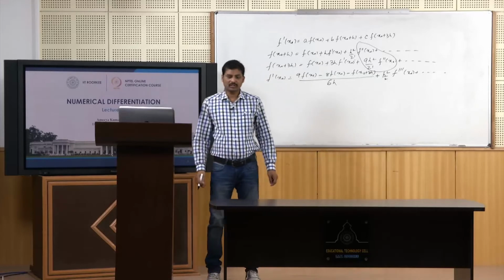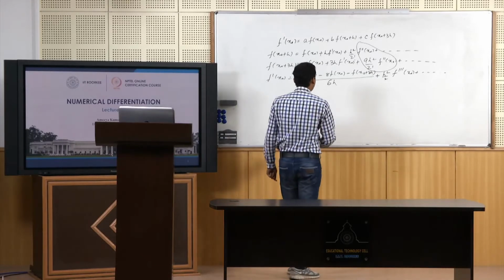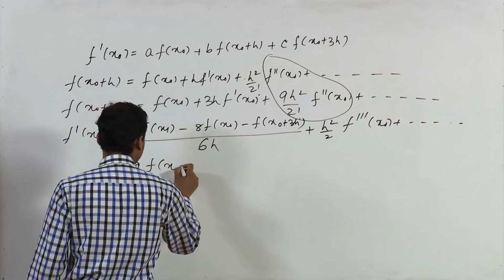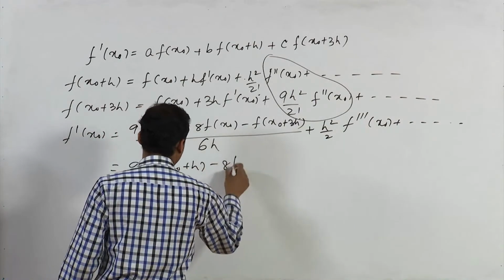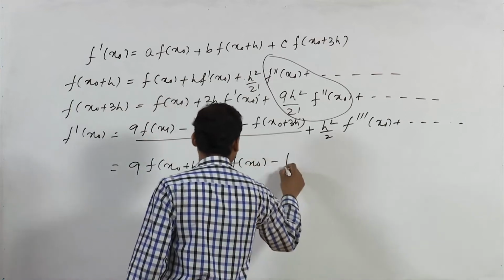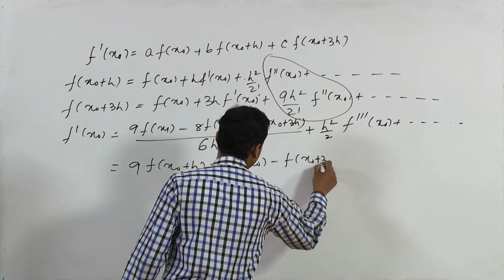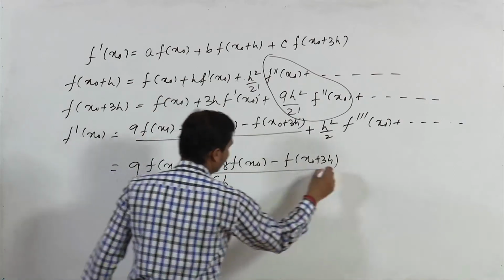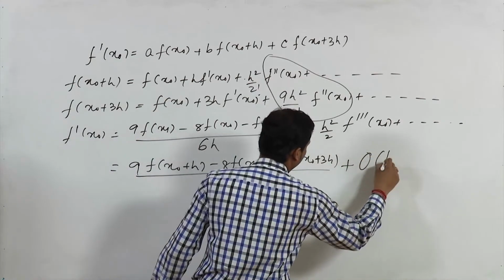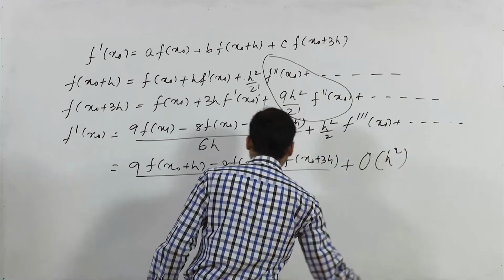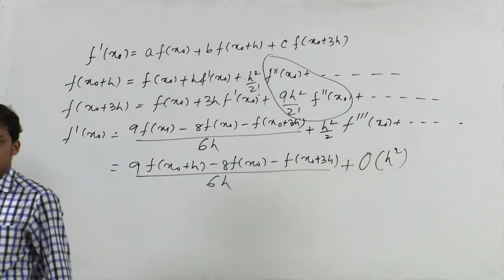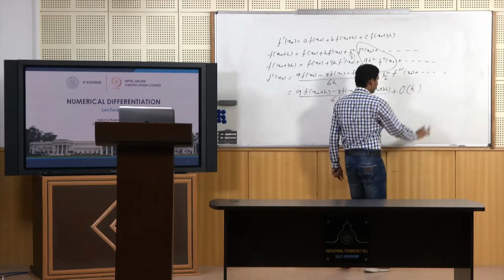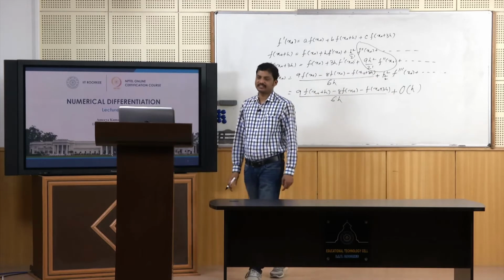If we consider these higher power terms as order of h, then we can write this expression as f of x 0 plus h minus 8 f of x 0 minus f of x 0 plus 3h, divided by 6h, plus order of h square, or order of h sometimes, since higher powers of h can be neglected if the size of h is very small.